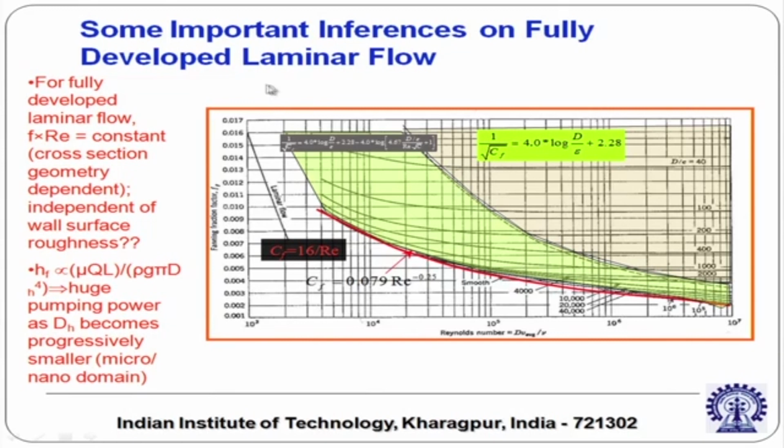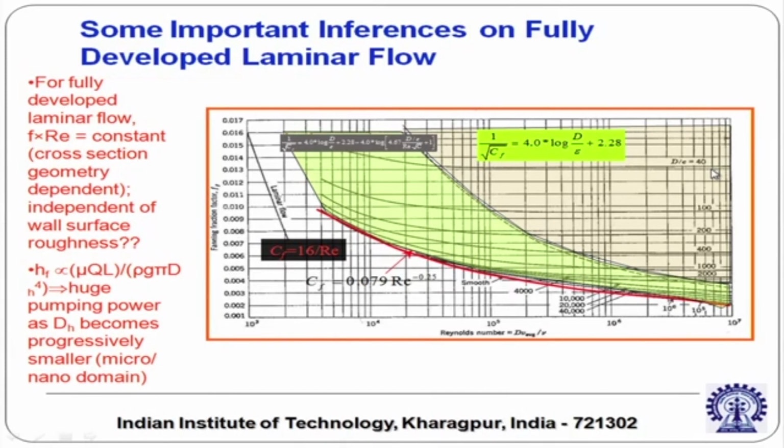In microfluidic applications, in the x axis there is Reynolds number, in the y axis on the left side there is friction factor either f or Cf, whatever you want to plot, they are related, and on the right hand side it is either the roughness by the diameter or the diameter by roughness. In this particular case it is diameter by roughness that is plotted.